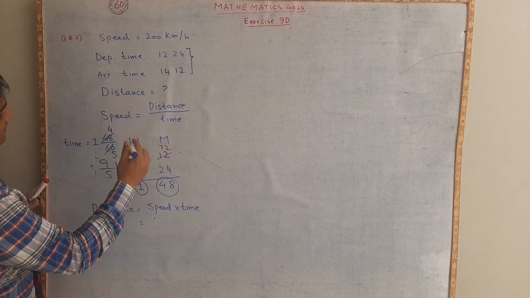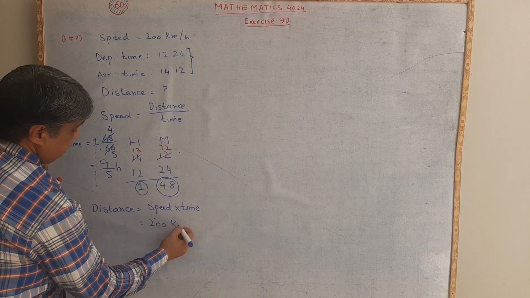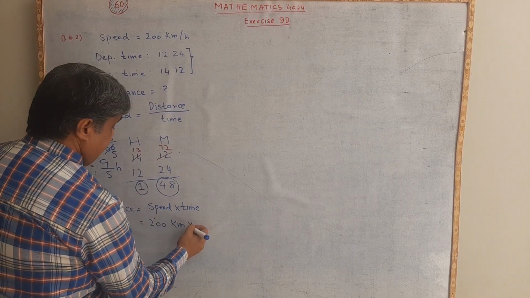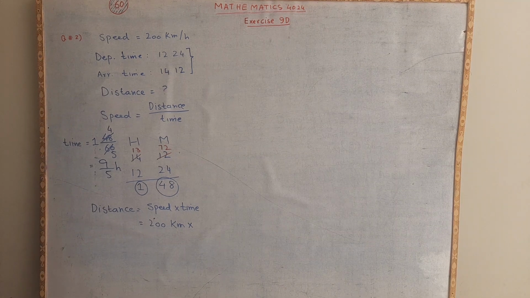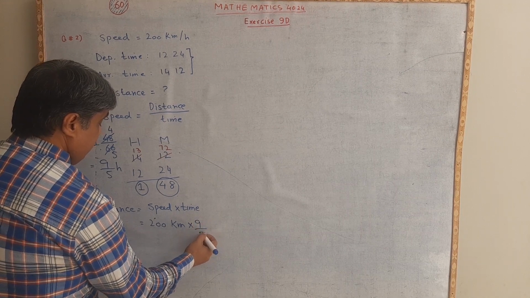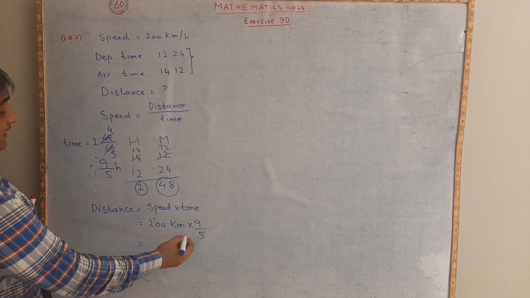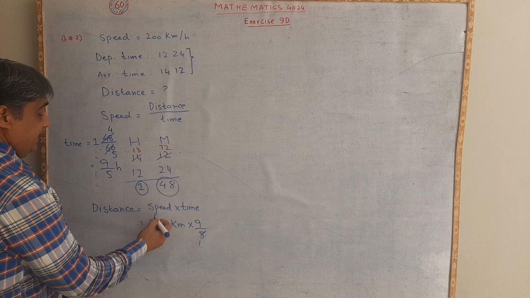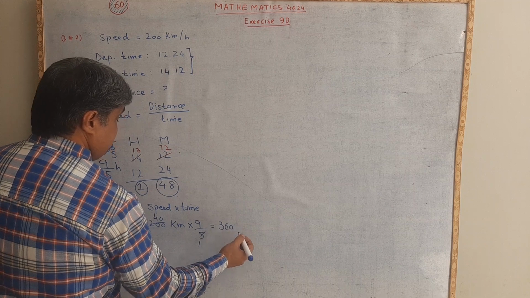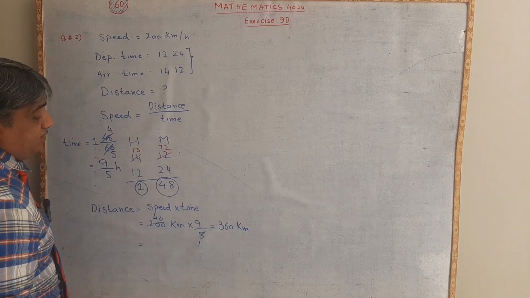Speed is given as 200 kilometer, and the time is given as 9 over 5. So we calculate 5 ones are 5 and 40, and that will be equal to 360, and because this is the distance, it will be kilometer.